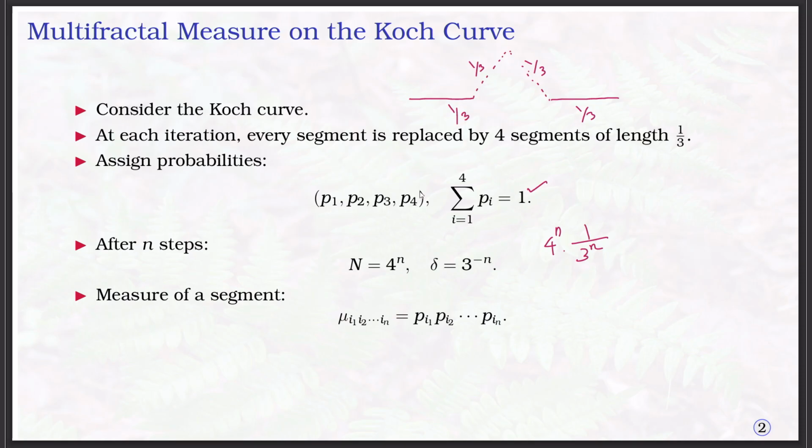Now we are assigning the probabilities P1, P2, P3, P4, and in the nth step we have combinations of these probabilities. The measure of each segment can be obtained as mu of I1, I2, ..., In equal to P of I1, I2, ..., In, the probability as a combination of P1 to P4.